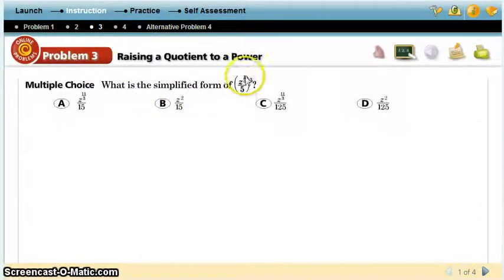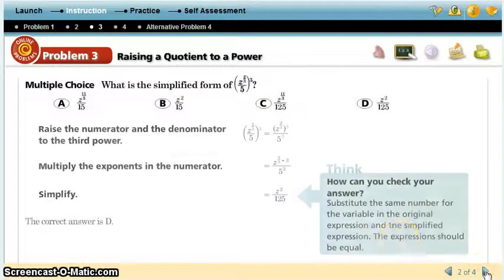We have z to the 2/3 power over 5, all of that in parentheses raised to the third. Based on quotient to a power, z to the 2/3 must also be raised to the third, and 5 has to be raised to the third. We've got our multiple choice answers there, but this is how you're going to simplify that.